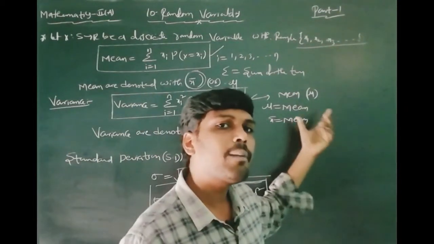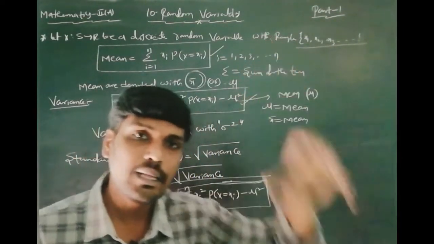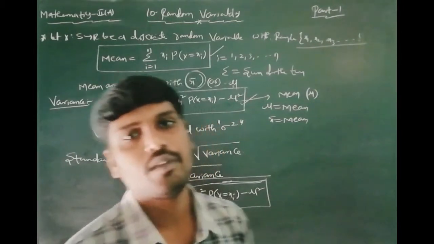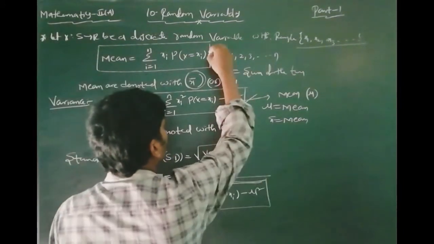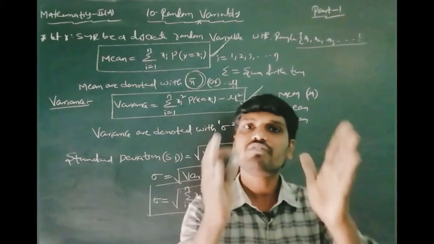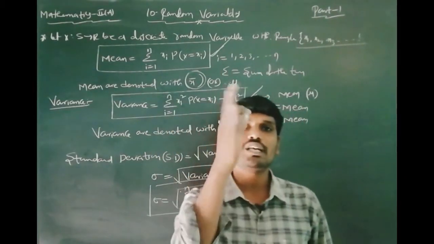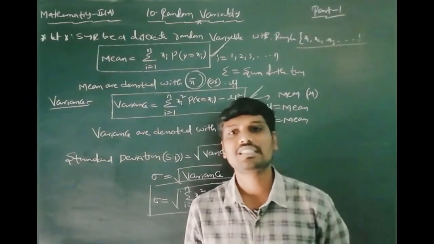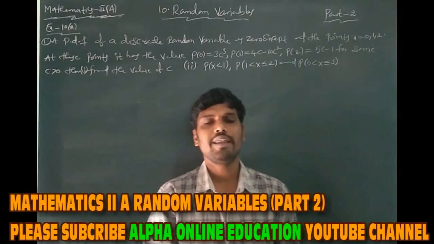The mean, variance and standard deviation in random variables totally depend on probability. Which chapter do they depend on? Probability. That's why these are very important formulas: mean, next variance, after that standard deviation. You can read and write these three formulas perfectly. You will easily understand the 7 marks problems in exercise 10A, 10th chapter, random variables.